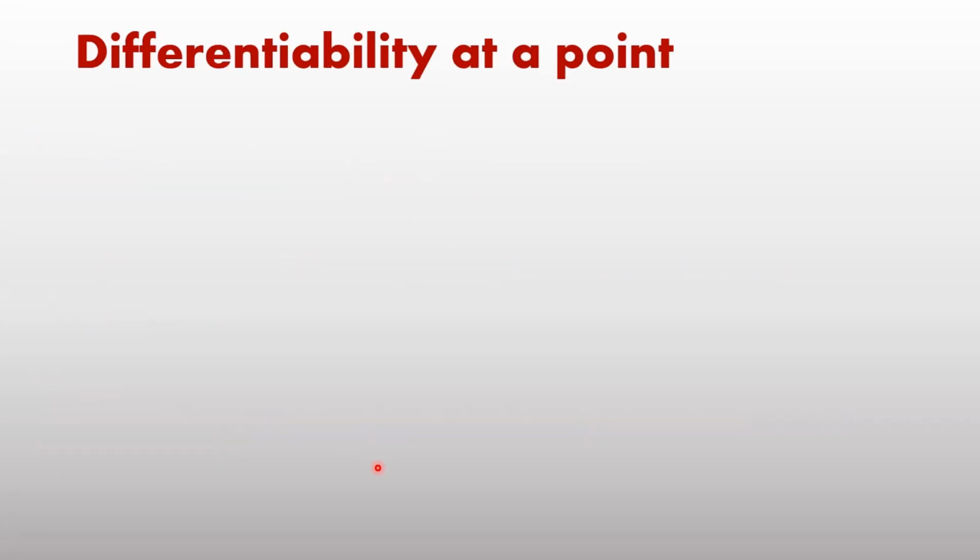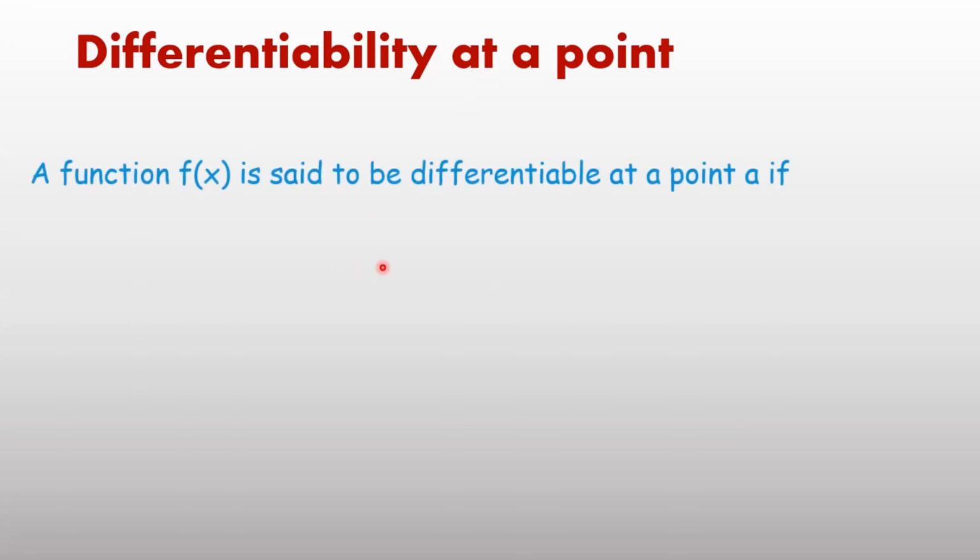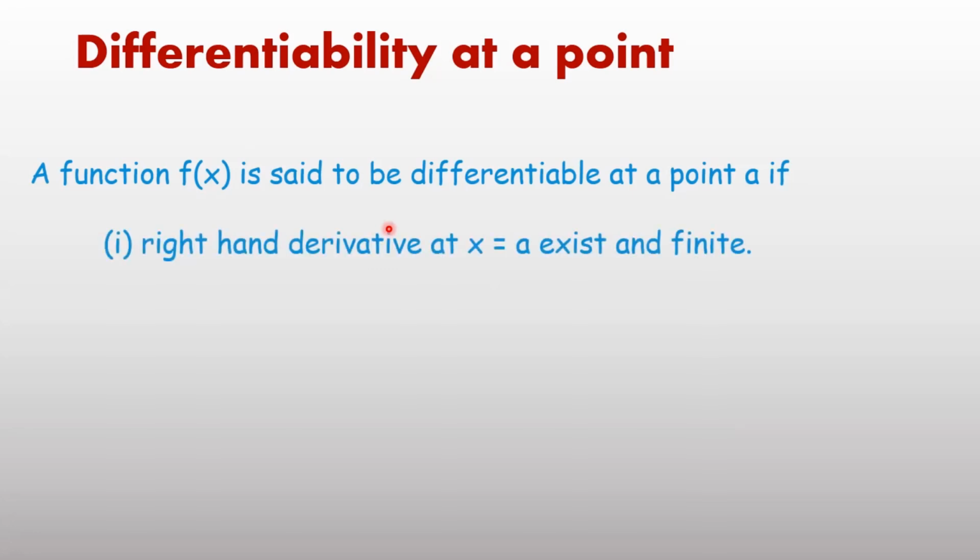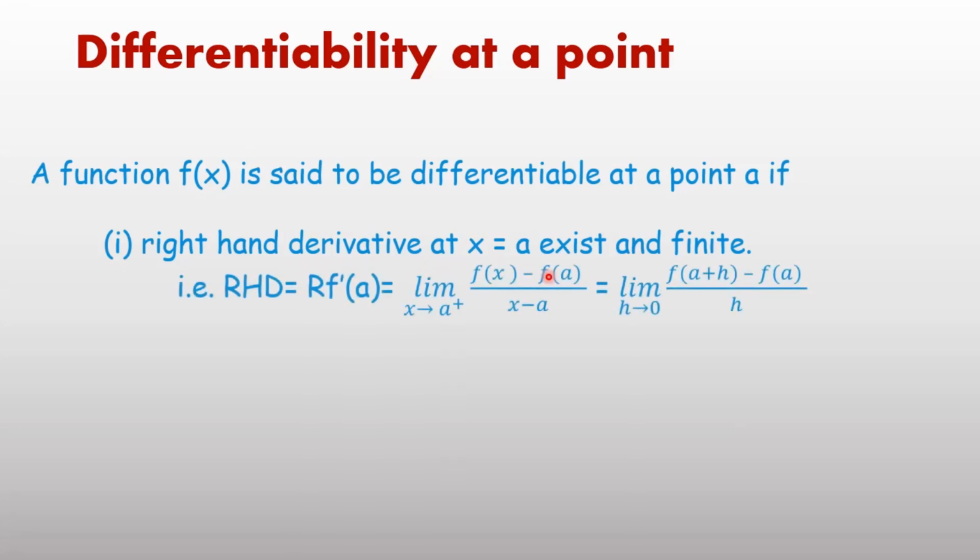Now, next, differentiability of a function at a given point. If f(x) is differentiable at a point, it implies the right hand derivative at x equal to a exists and is finite. Right hand derivative means finding the derivative of the function as x tends to a plus.